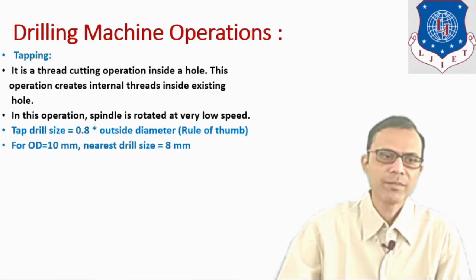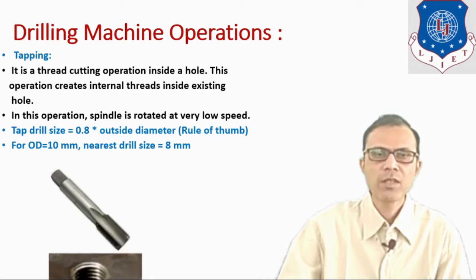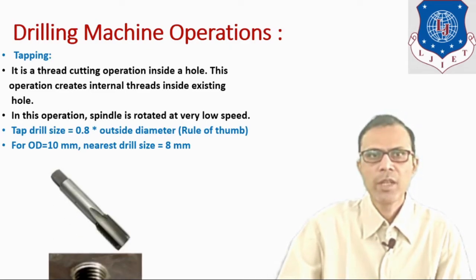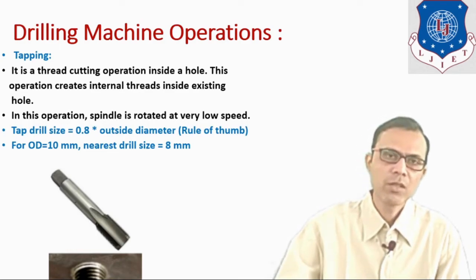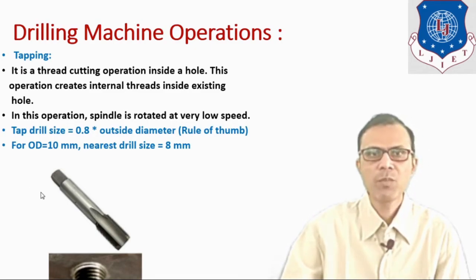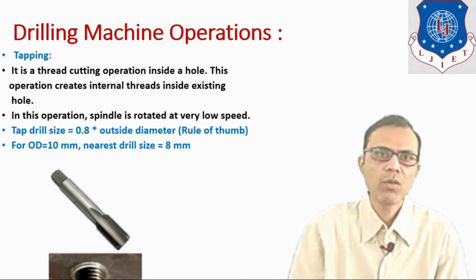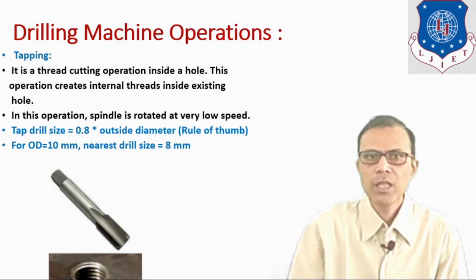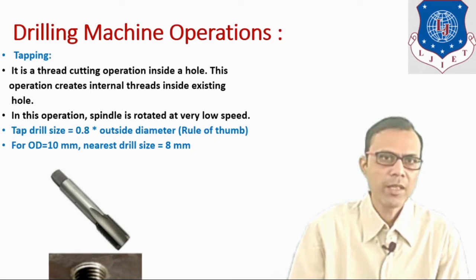The next operation is known as the tapping operation. It is one type of operation used to produce an internal thread in a previously drilled hole. The tool used is known as the tap. For this purpose, in the first step, it is necessary to produce the hole, and after the required size of the hole is produced, the thread cutting operation is done by the tapping tool.